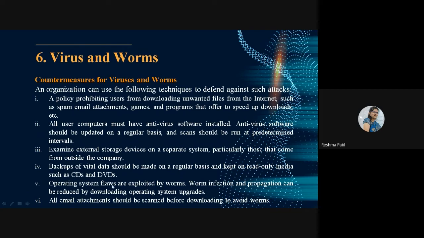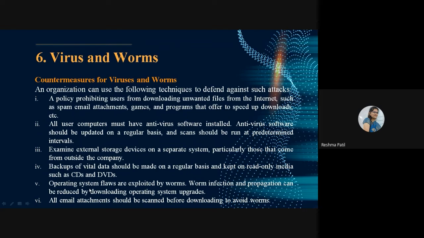Then operating system flaws. Vulnerabilities of operating systems can be exploited by worms. Worm infection and propagation can be reduced by downloading operating system upgrades. Patches should be there. We have to update our operating system.